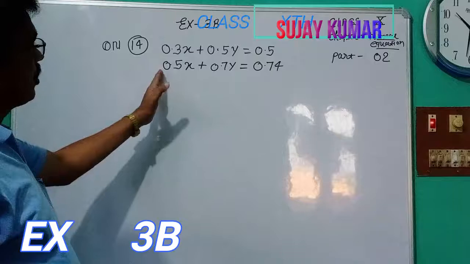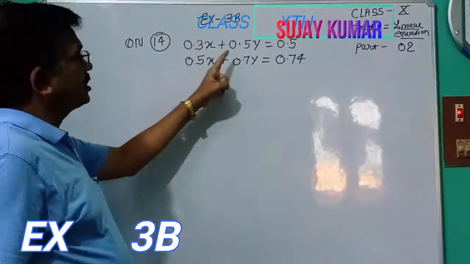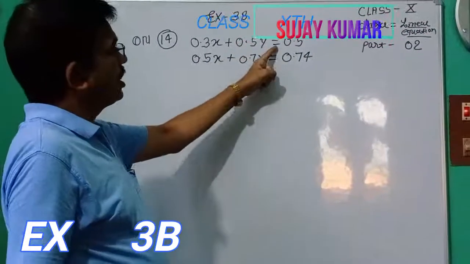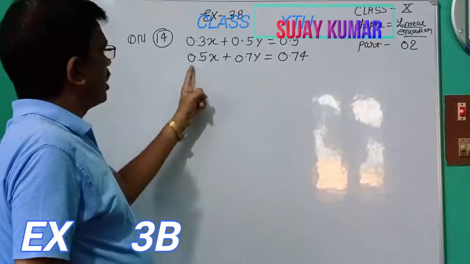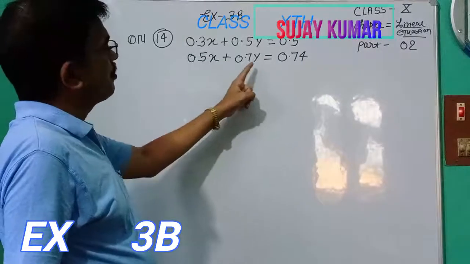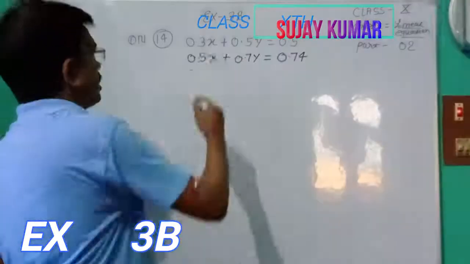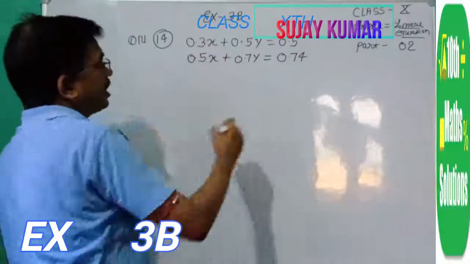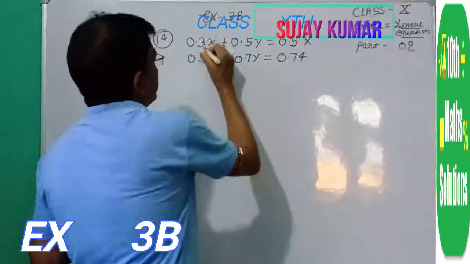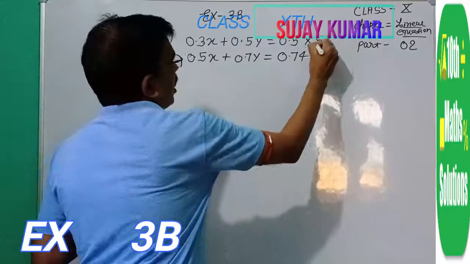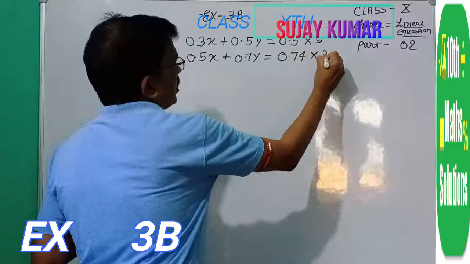Here is a problem: 0.3x plus 0.5y is equal to 0.5, and 0.5x plus 0.7y is equal to 0.74. Here decimals are given, but only write the digits 3 and 5. Multiply the first by 5 and the second by 3.